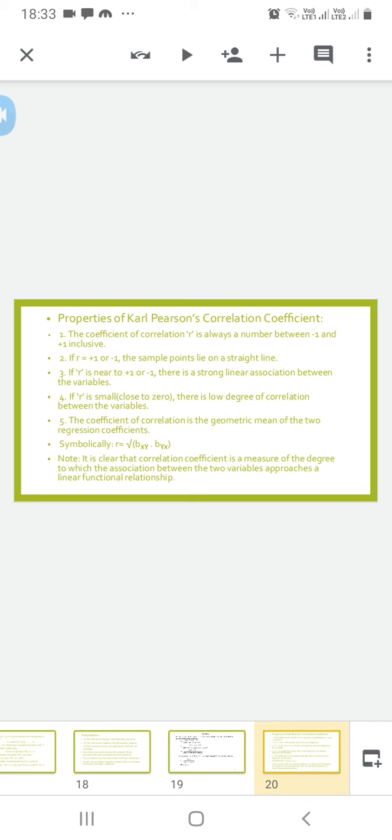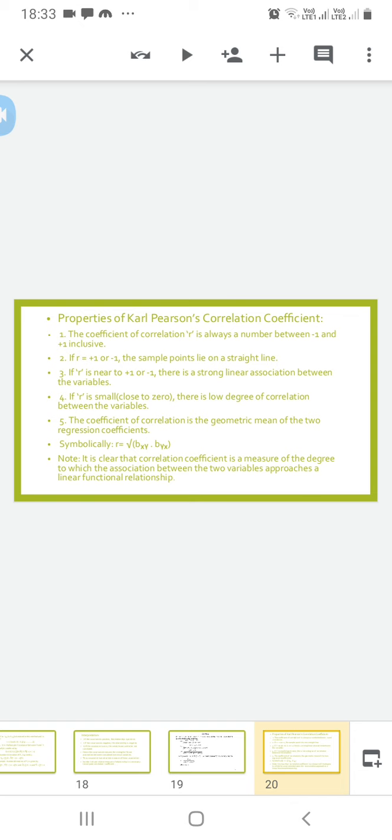Properties of the correlation coefficient. The coefficient of correlation r is always a number between -1 and +1. If r is equal to +1 or -1, the sample points lie on a straight line. If r is small, close to 0, there is a low degree of correlation between the variables.